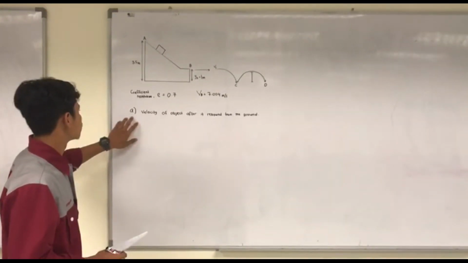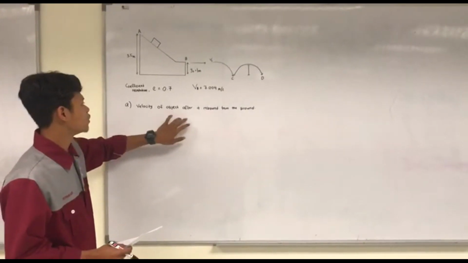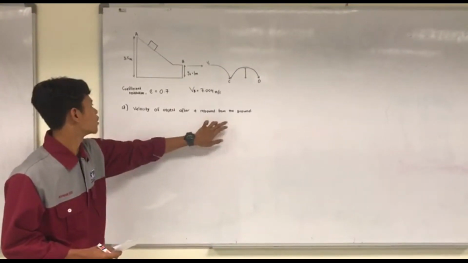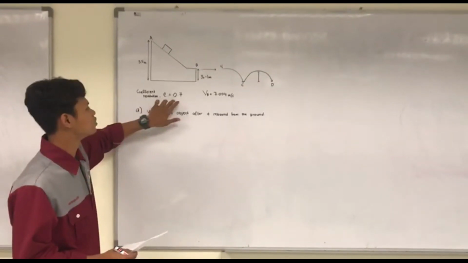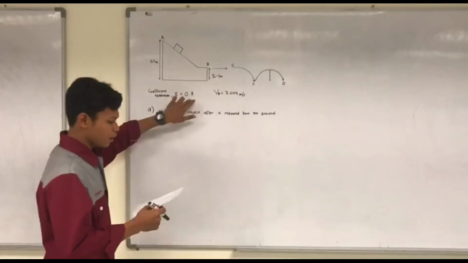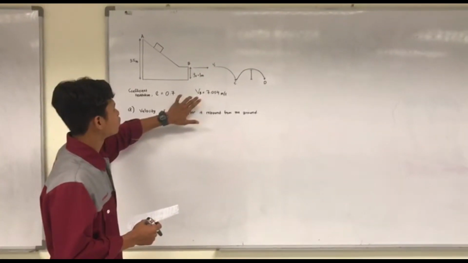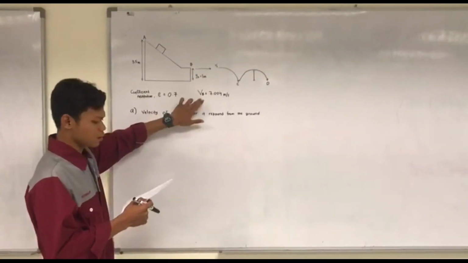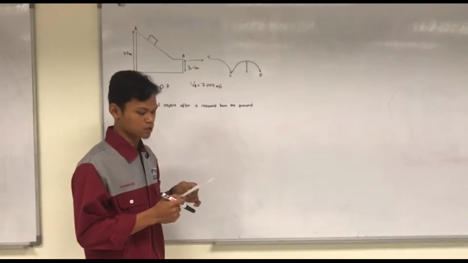Let's go to question A. Velocity of the object after a rebound from the ground. We know that the coefficient of restitution is 0.7, and we know the velocity at point B when we use the formula of work energy.